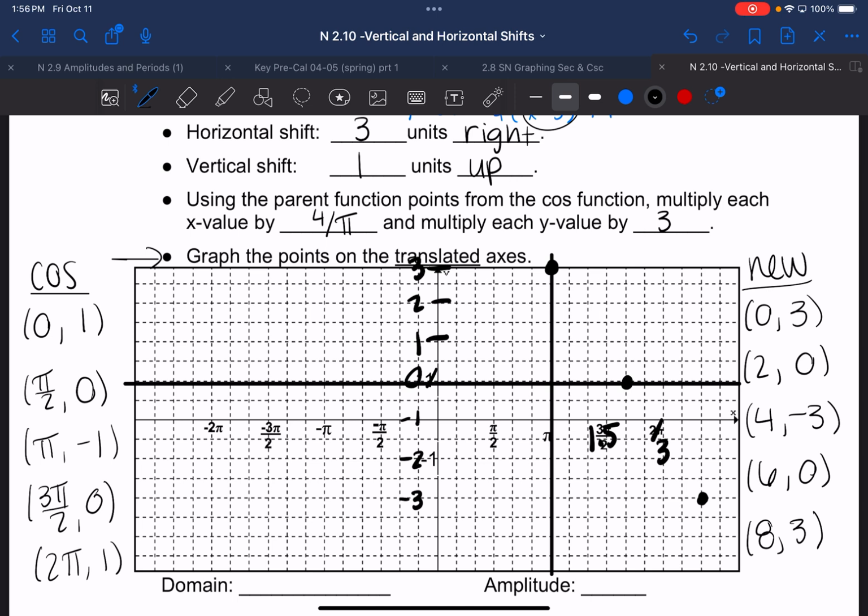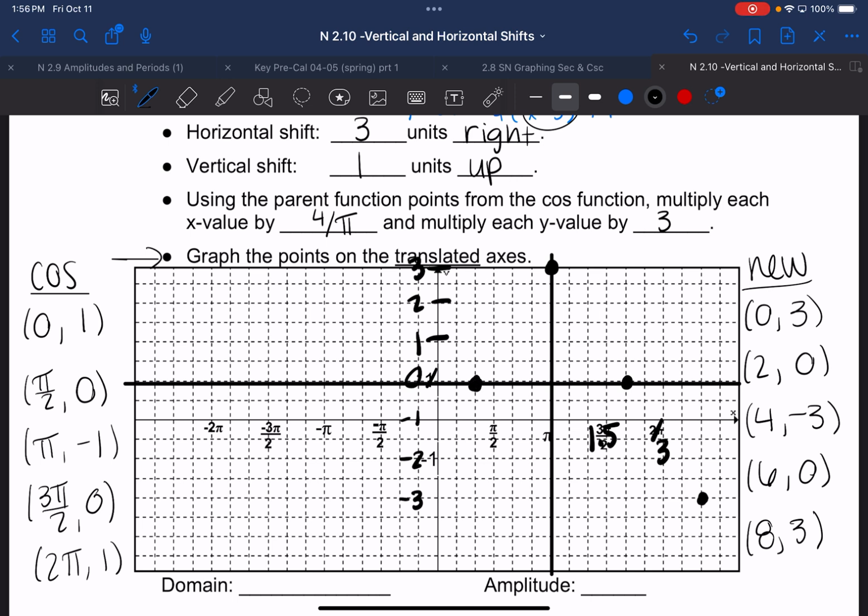Okay, my next point is at 6, 0, but is that going to fit? Okay, so I'm going to go back the other direction. But remember, our graph is continuous at this point, right? So it's going to have a mirror image of the points I just plotted going this way. So when I had this point here, I should have another one right over here at the exact same spot.